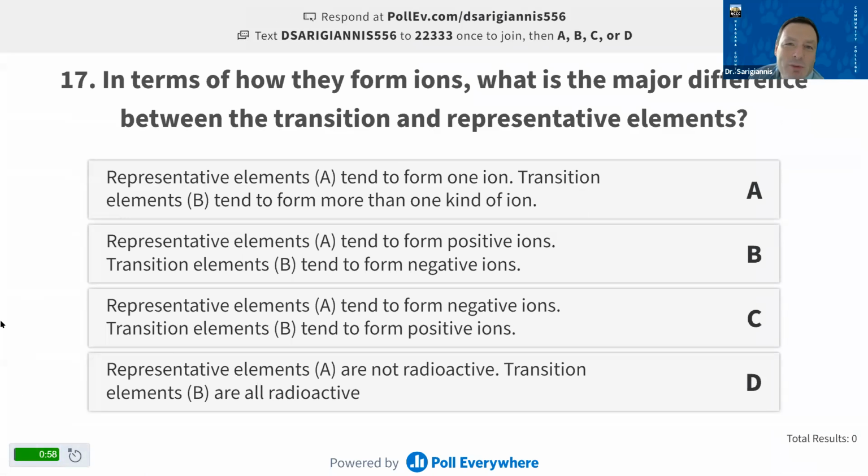Okay. In terms of how they form ions, what's the major difference between transition and representative elements? So you have to read each one of these here.